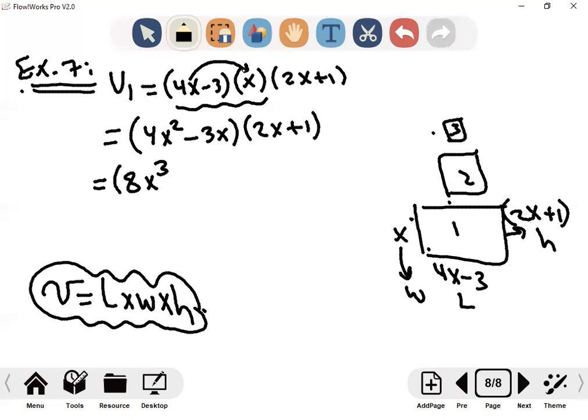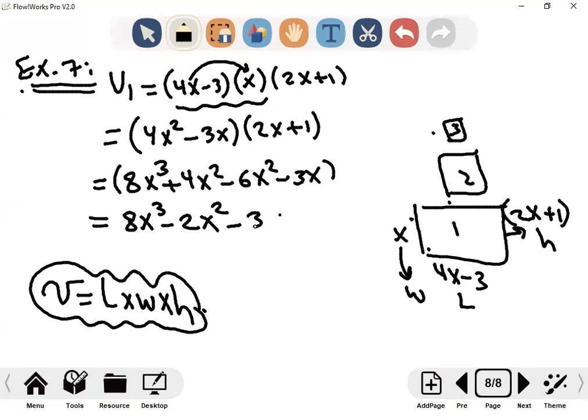Now 4x power 2 times 2x is 8x power 3. 4x power 2 times 1 is 4x power 2. Minus 3x times 2x is minus 6x power 2. Minus 3x times 1 is minus 3x. Simplify it, combine the like terms. It will be 8x power 3, 4 minus 6 is minus 2x power 2, minus 3x. This is the volume of tier 1.